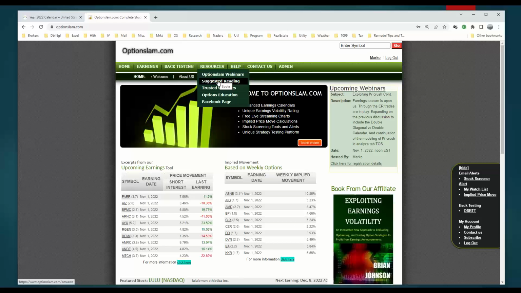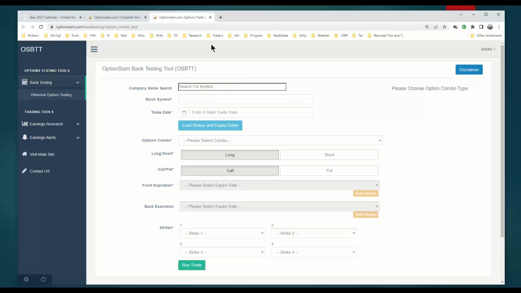If I click on that and open it in a new tab, I can go in. This is the opening screen of the OSBTT, and this is what I used to backtest some of the stocks that Stephen had brought to the table as upcoming opportunities. And I'm going to show you a few backtests.